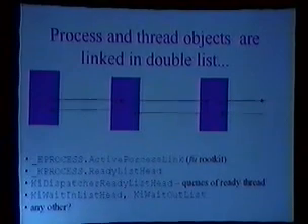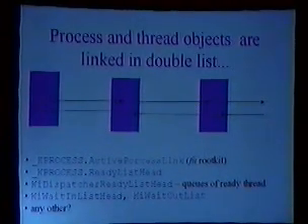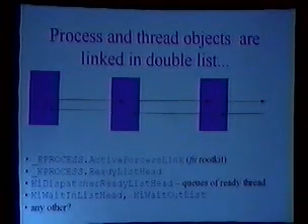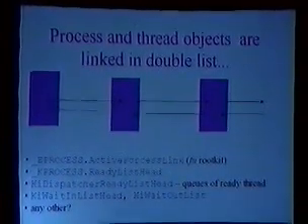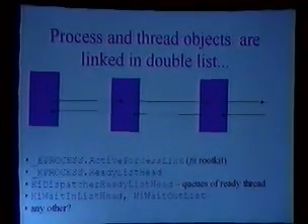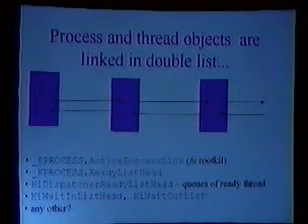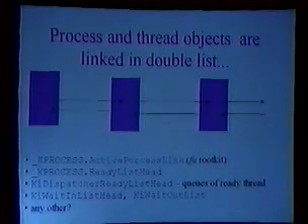When task manager is trying to acquire the list of running processes, it calls some function from system DLLs, like query system information, and query system information is handled by the kernel, and the kernel is walking through this list to get the list of the running processes. So if we remove the process from this list, nobody will see this process. And this is the main assumption in this rootkit.